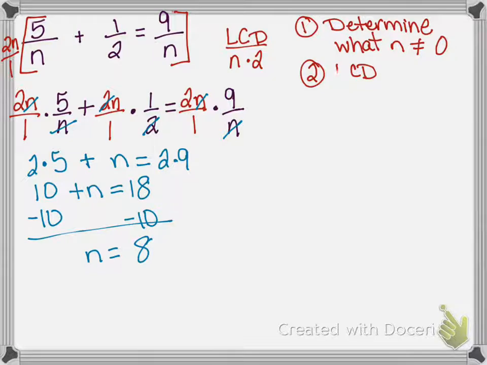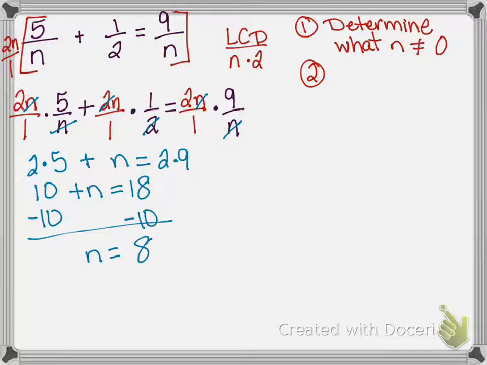So let's talk about what we just did. The first thing that we had to do is determine what n cannot equal. We determined that n can't be 0 in this situation. Ultimately, our denominator can't be 0. In this situation, the value 0 is what made it 0.